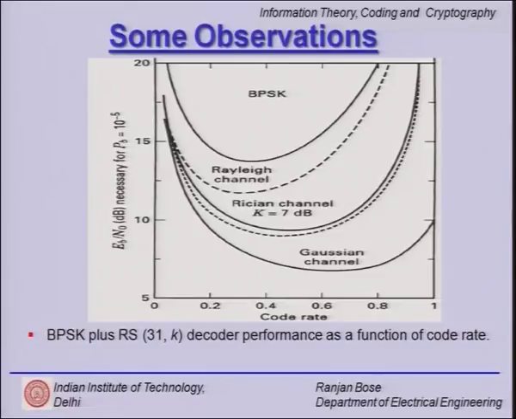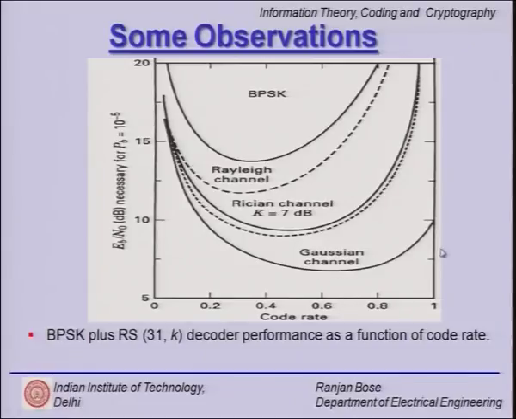So, if you just consider the Gaussian channel, the optimal point is where you have the minimum Eb over N naught, because your performance, if measured in terms of Pb, is 10 to the minus 5. So, all these curves are for the same performance level, but here you require the minimum Eb over N naught. Energy is the minimum SNR requirement for this code rate.